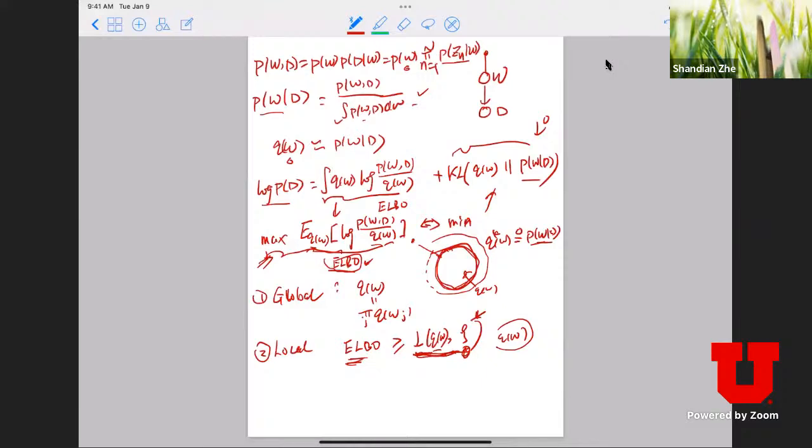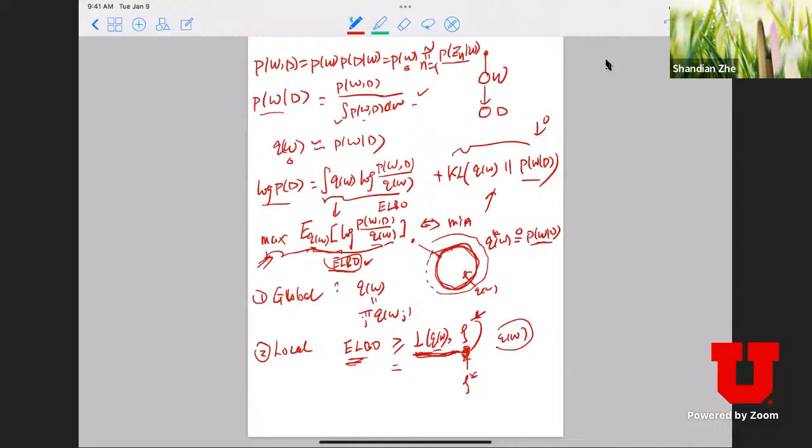And of course, we call it variational form because this is a relaxation, meaning that if you don't make any restriction on C, theoretically speaking, you can always find a value C star such that your lower bound reaches the ELBO.